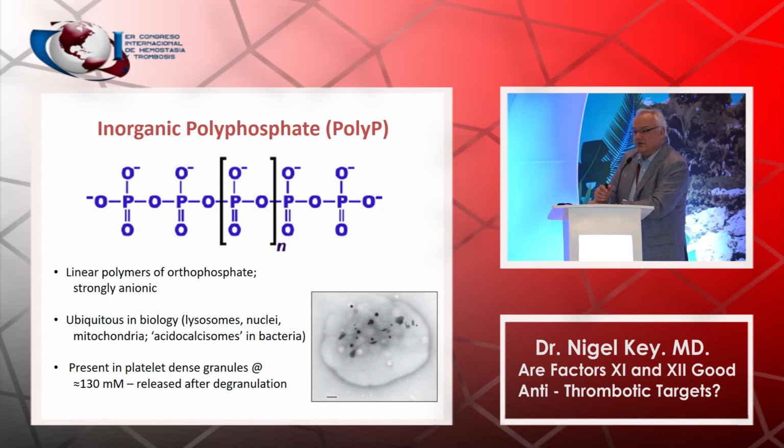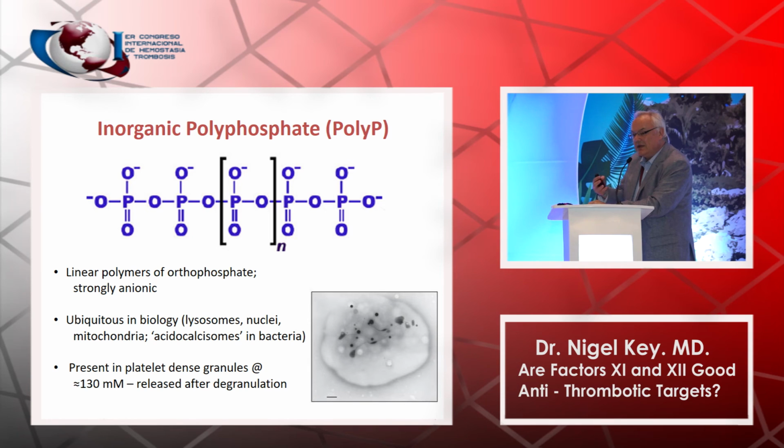So a few years ago, Jim Morrissey's lab in Illinois started to characterize polyphosphates, which are present in high quantities in platelet-dense granules, about in the millimolar range, 100 millimolar range. And they're released from the dense granules of platelets when these platelets get activated.